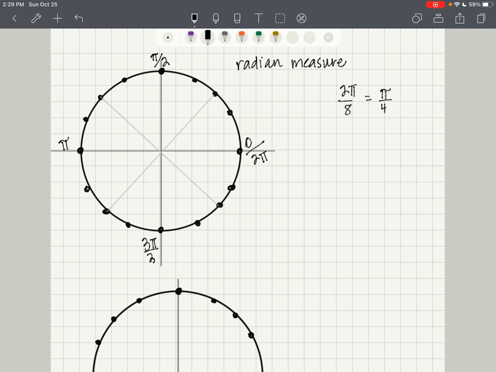So we have 0, and then 1 pi over 4, and then 2 pi over 4, which is pi over 2, and then 3 pi over 4, and then 4 pi over 4, which is pi, and then 5 pi over 4, and then 6 pi over 4, which is 3 pi over 2, and then 7 pi over 4, and then 8 pi over 4, which is 2 pi.